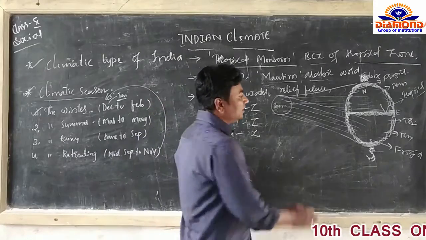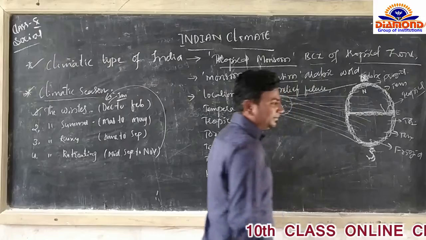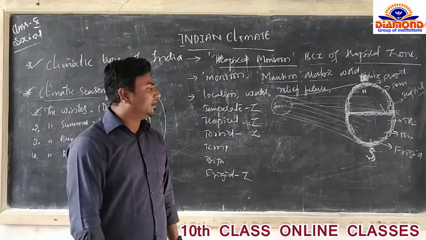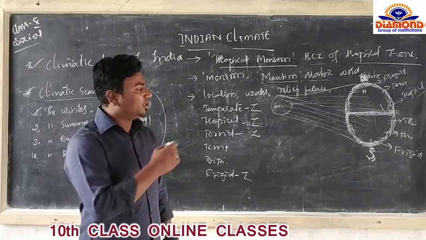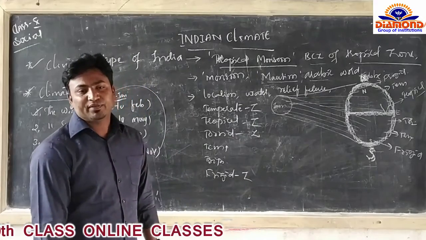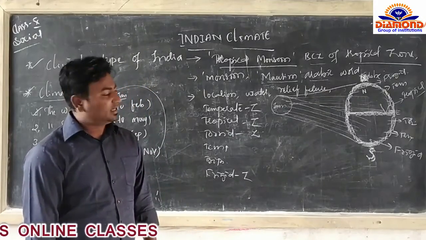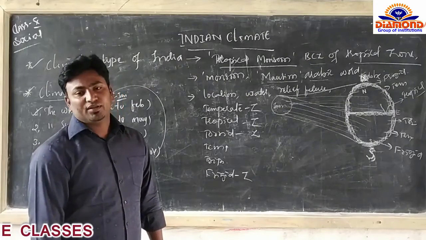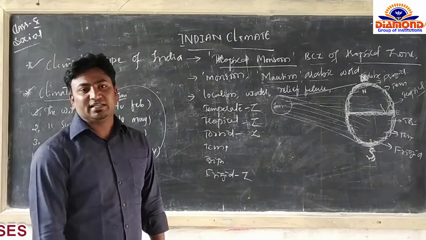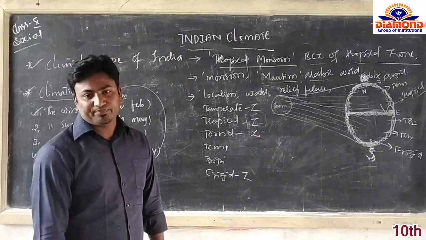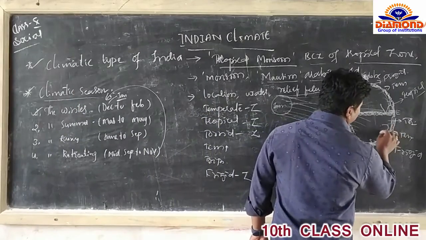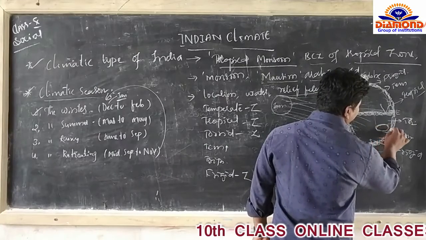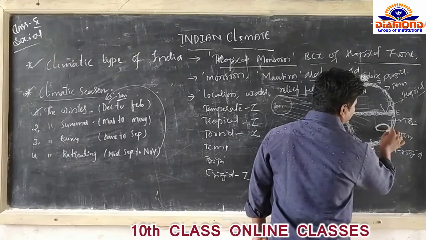Probably it's Australia, and also part of South America, Antarctica, and some part of Africa, which might be experiencing a different climatic season. We don't have the same season when we compare with Australia. Australia is receiving a different type of climate.